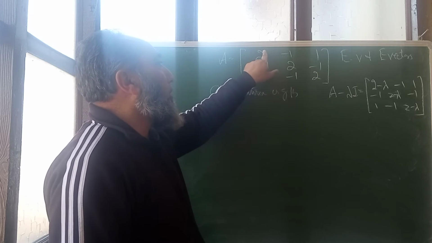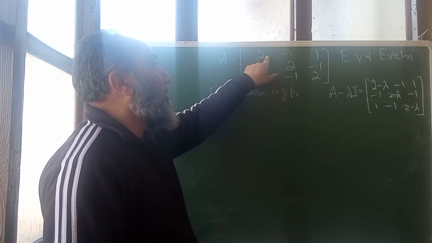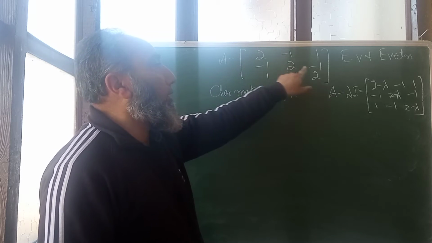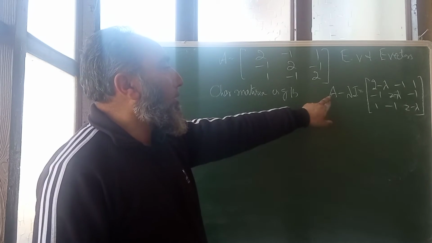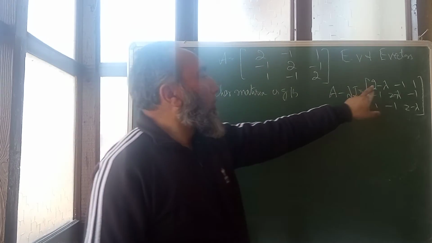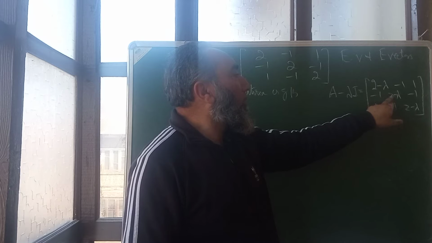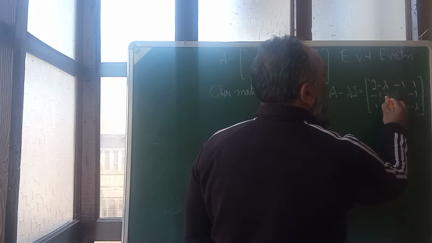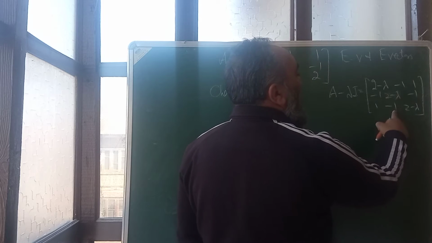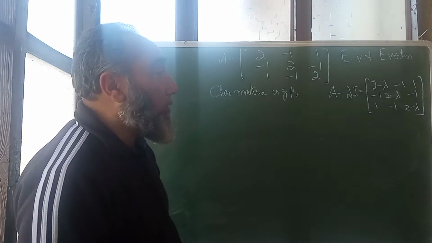Only thing is that you have to subtract lambda in the diagonal. Okay, this you already know. So the characteristic matrix of A is given by [2-lambda -1 1; -1 2-lambda -1; 1 -1 2-lambda]. This is the characteristic matrix.